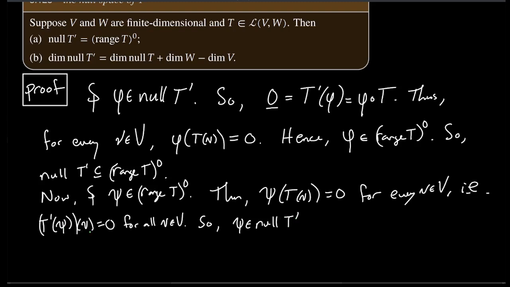After all, it sends it to the 0 map. That is the map that sends every v in V to 0. Okay, T prime of psi is the 0 functional. So psi is in the null space of T prime.